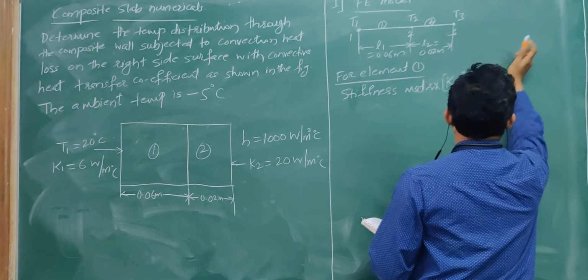If I add this, it will be of order 3 by 3 because there are 3 nodes, so obviously the order of the matrix will be 3 by 3.